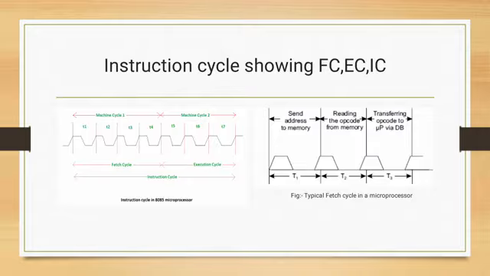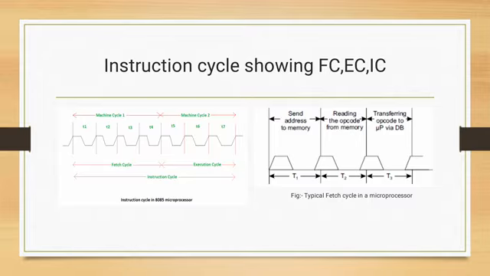This is the timing diagram of an instruction cycle in the Intel 8085 microprocessor. Here you can see that several T states are required to complete a machine cycle.